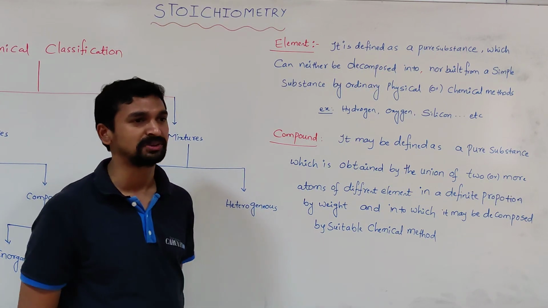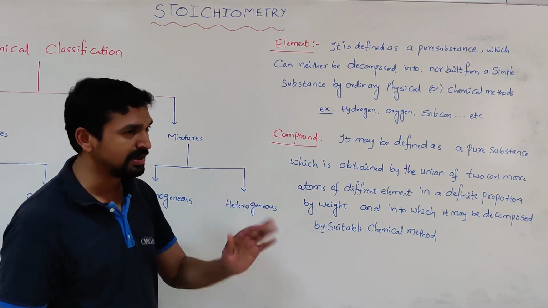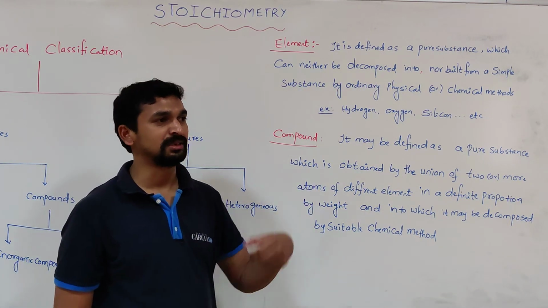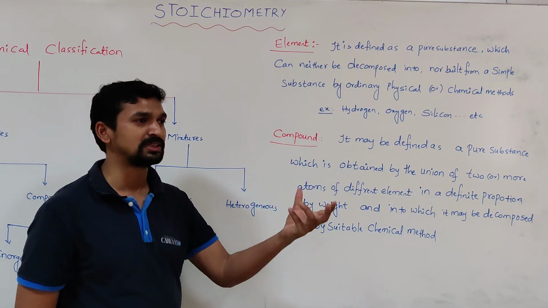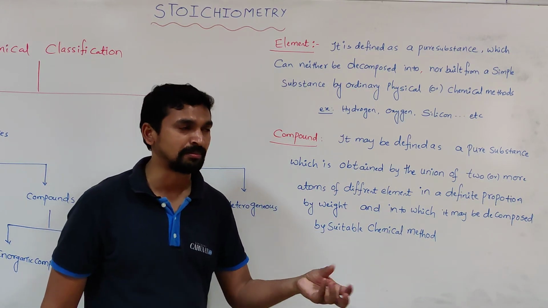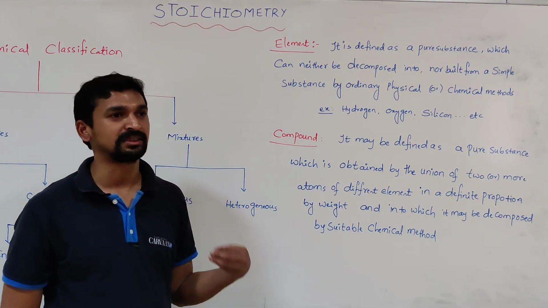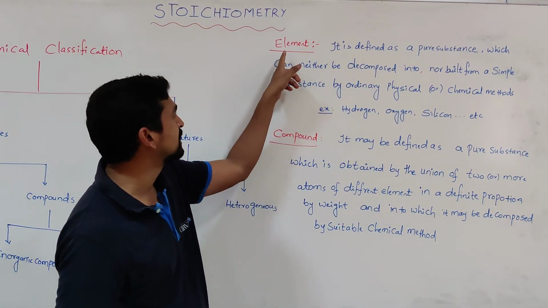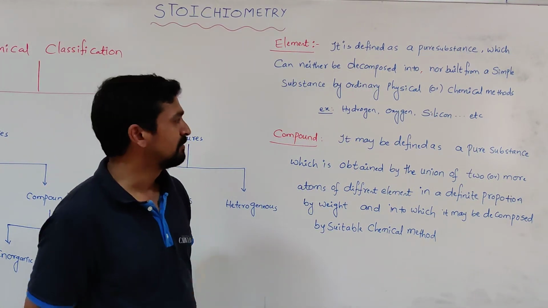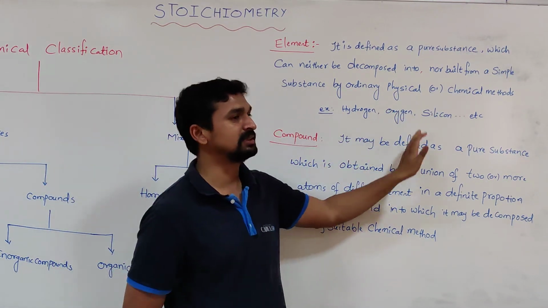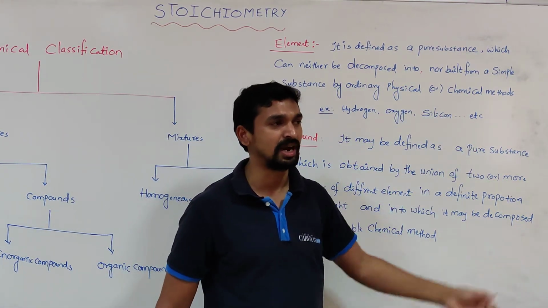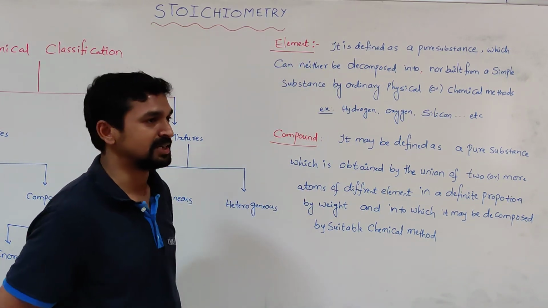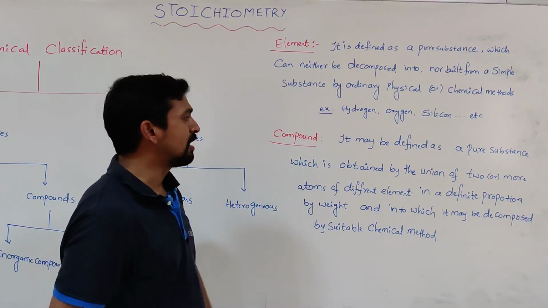When you try to decompose that element, it never decomposes, and moreover it is not built from a simpler substance. That means whenever a simple substance is subjected to some physical or chemical process, it never forms. Such a substance is called an element. For example, hydrogen, oxygen, silicon, helium, neon, argon. All these are called elements.